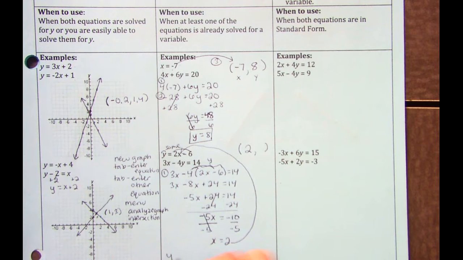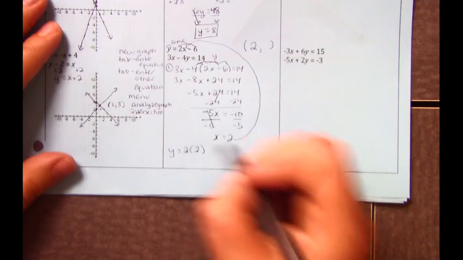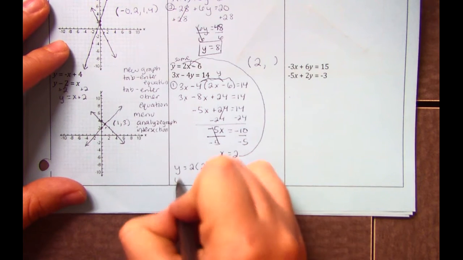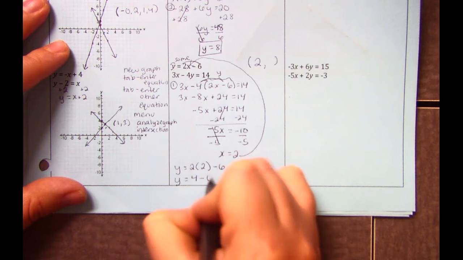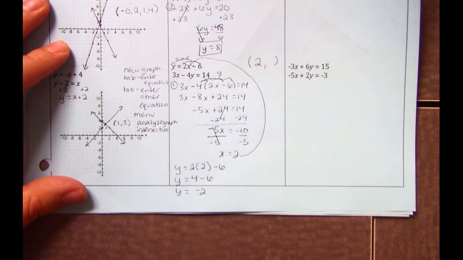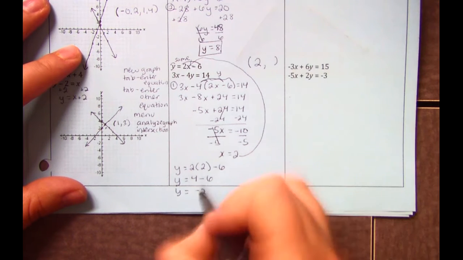So y, instead of 2x minus 6, I'm going to say 2 times 2 minus 6. So this is really 4 minus 6. So y is negative 2.